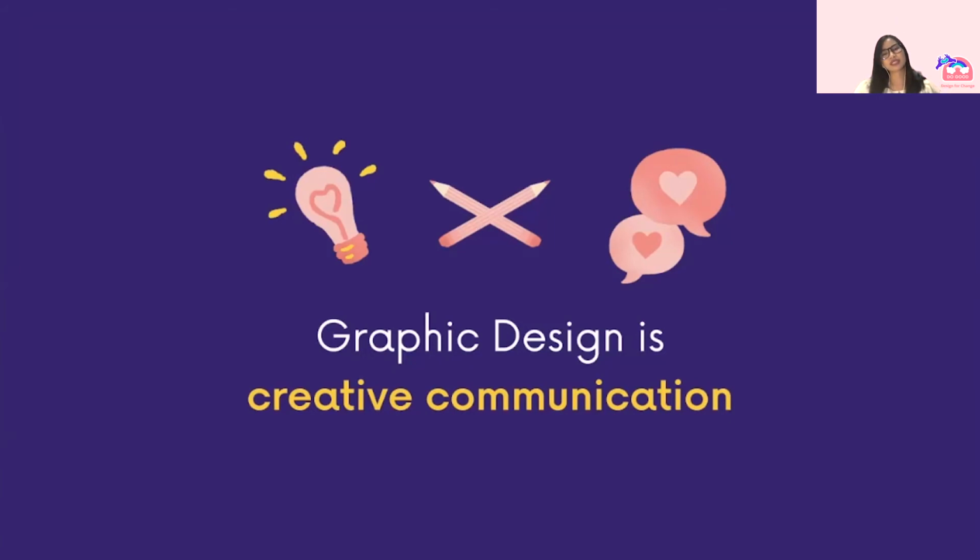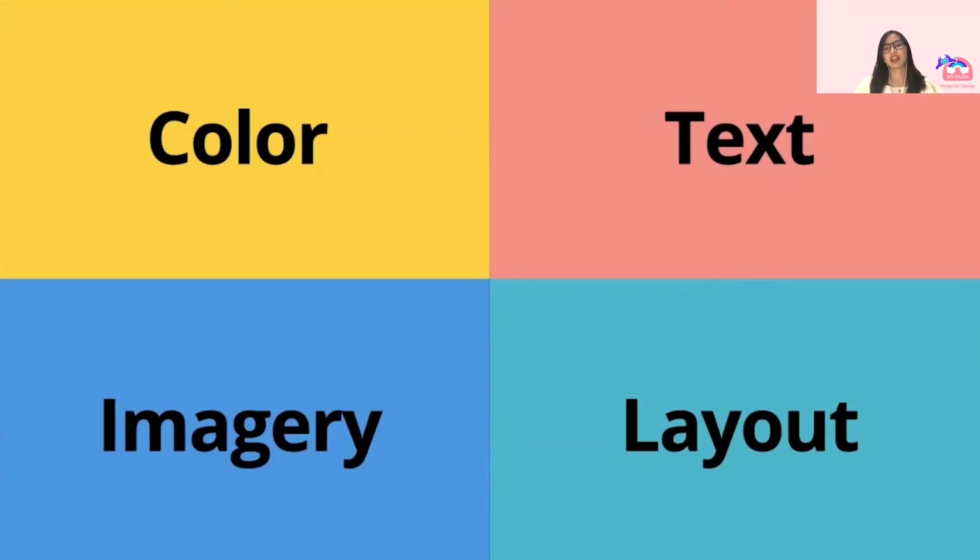And what composes a good piece of graphic design? These are four elements that compose it: the color, text, imagery, and layout. I'll go through each and every one of these elements, and I will give you tips on how to use them to the best that you can.